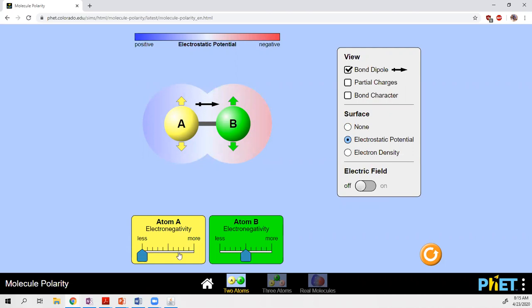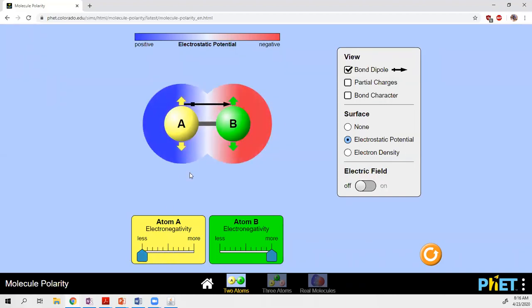And from here, I can change the electronegativities. So you can see that when they're both the same electronegativity, we don't see a bond dipole between them. As we start to increase that electronegativity towards B, then we start to see that negative charge flowing from A to B. The larger the difference, the longer that arrow gets, and the more pronounced the positive and the negative becomes.